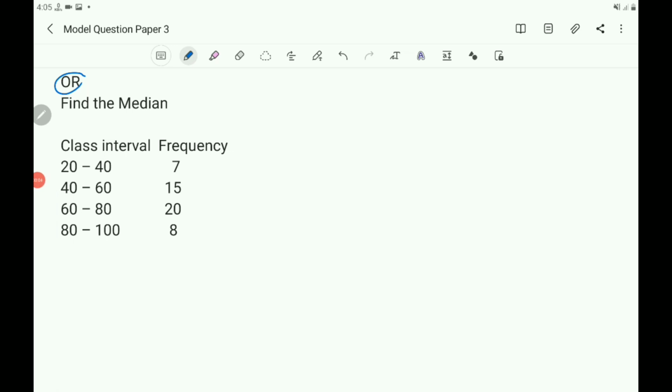Now you take the OR question. What is that OR question? Find the median. Here the class interval and frequency are given. To find the median, cumulative frequency is required. So you find the CF, that is, cumulative frequency.